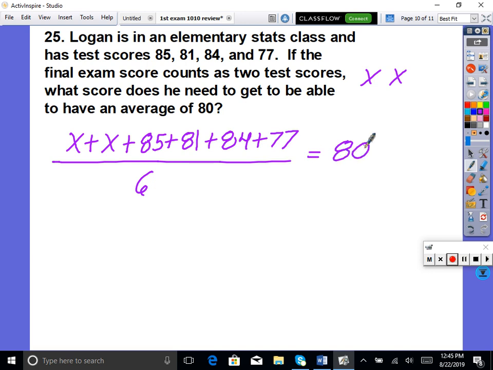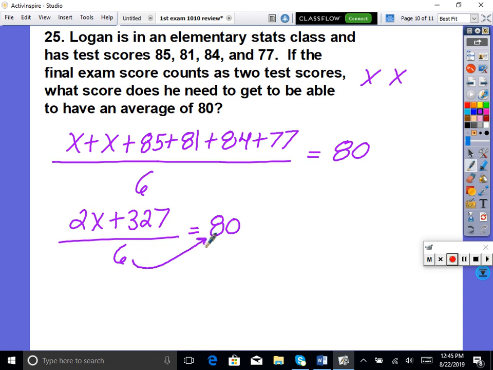So now from here, let's go ahead and do this. So we have 2x. We're going to combine like terms. On top, 2x. I'm going to hurry and add 85 plus 81 plus 84 plus 77. So we have plus 327 over 6 equals 80. Now solve. Get a common denominator, or same thing as timesing 6 over to this side.